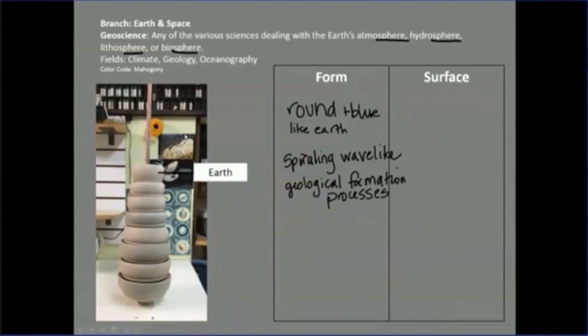I'm thinking spherical. Can't really describe an image, but where it's kind of bisected, you have different layers of the earth. You've got a core, you've got... Yeah, right. Of course.